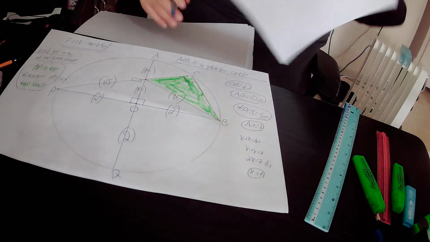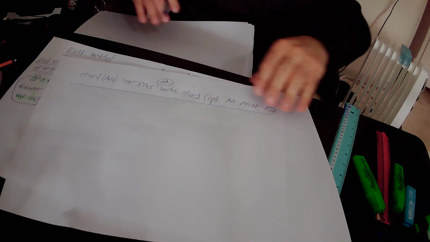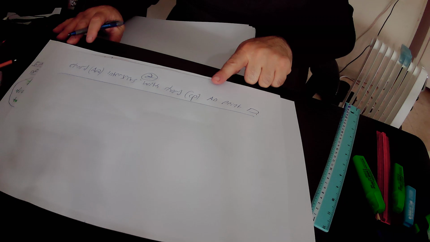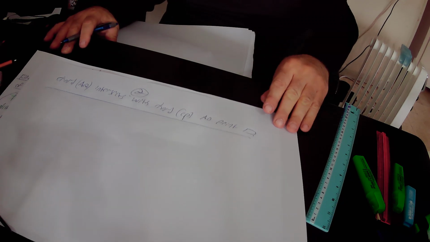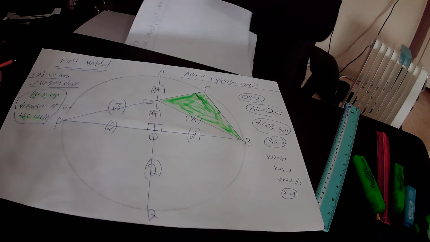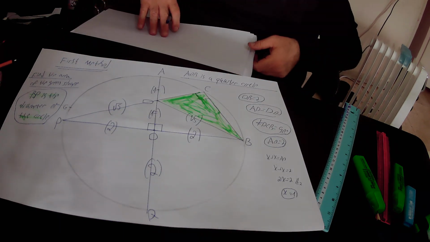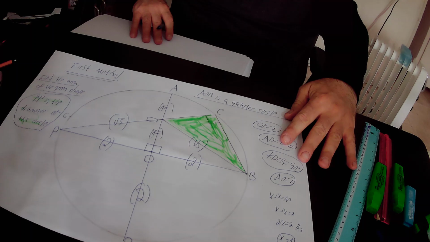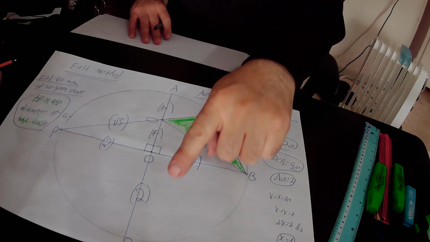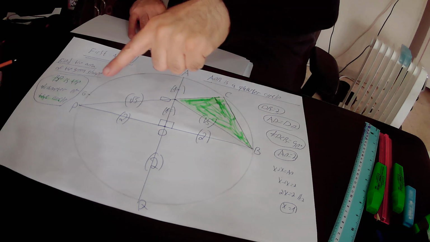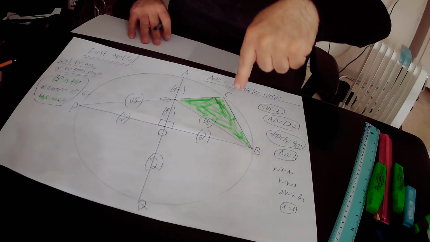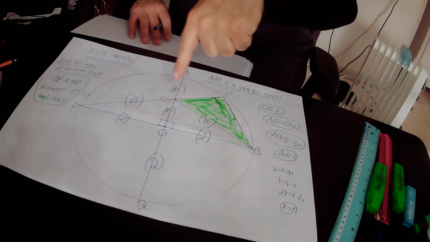Now, in the original drawing, chord AQ intersects with chord CP at point D. Therefore, according to rule 11, the following equation will be true: AD times DQ equals CD times DP.